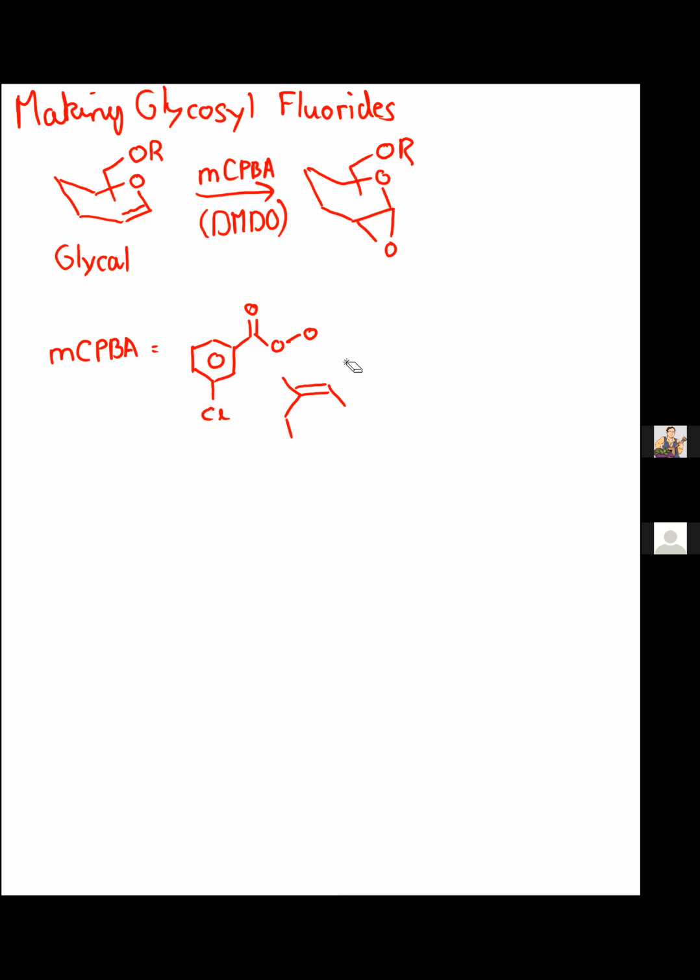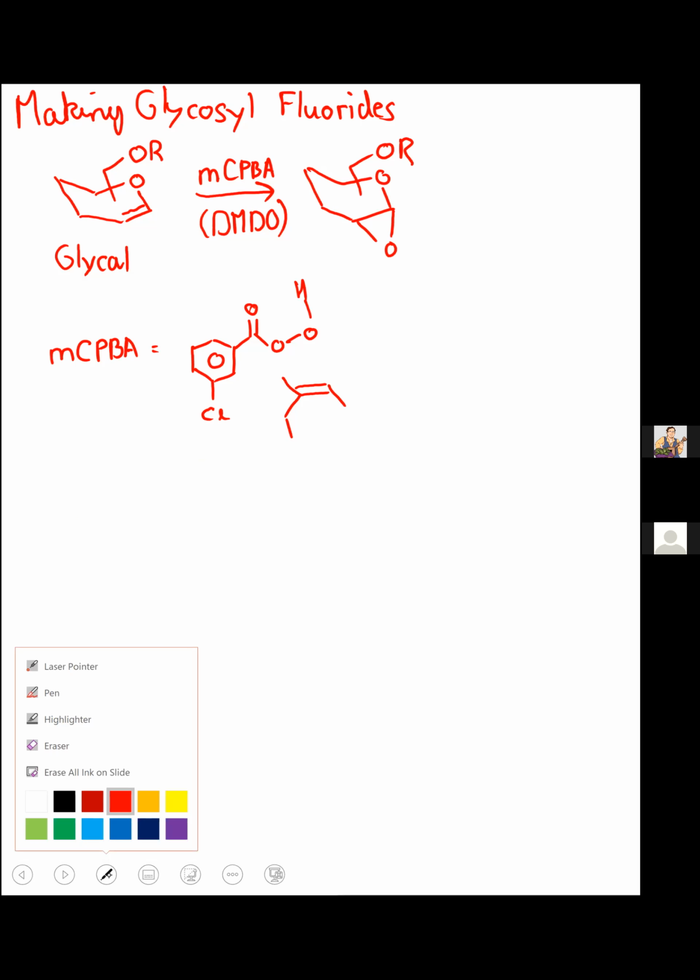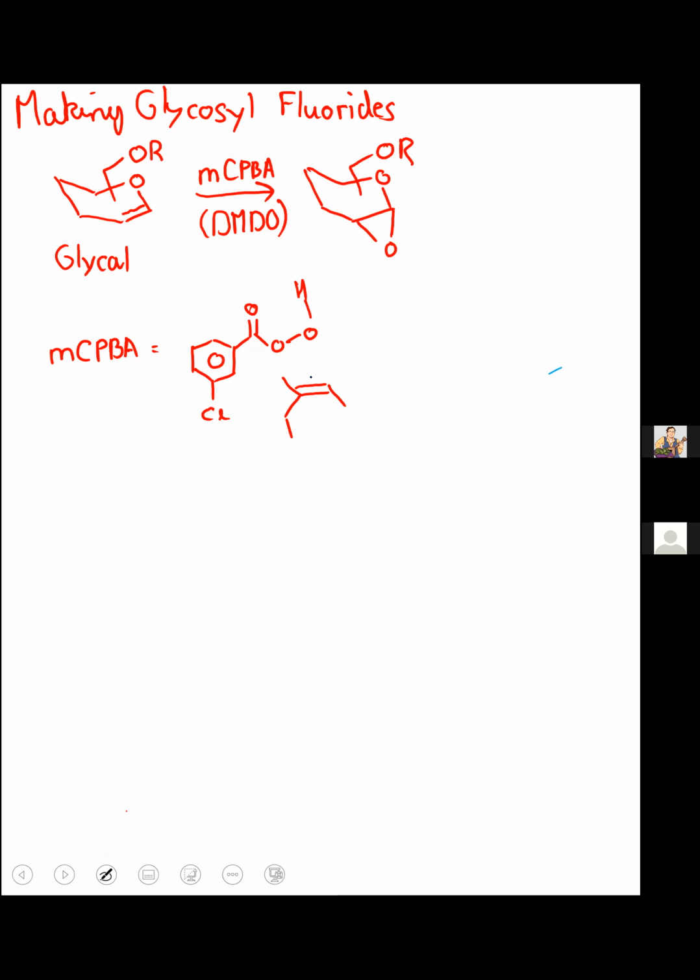I'm just going to re-sketch this, and I'm going to change the color of my pens because it's more fun this way. So going back to early chemistry, double bonds are pretty decent nucleophiles. And you have an oxygen-oxygen single bond, and that is a very, very weak and labile bond. That's going to create a carboxylic acid leaving group, which is a good O- leaving group.